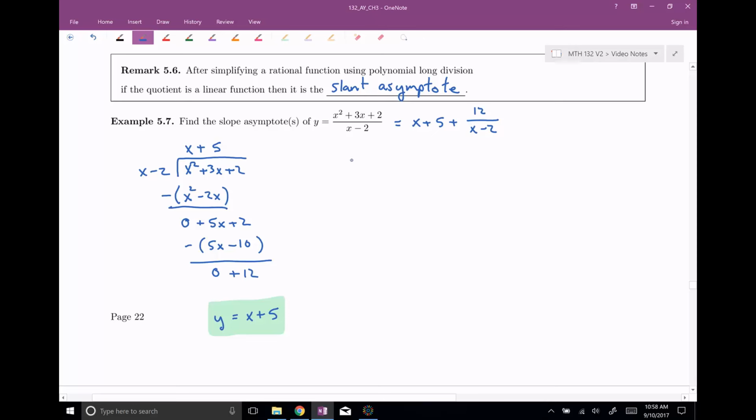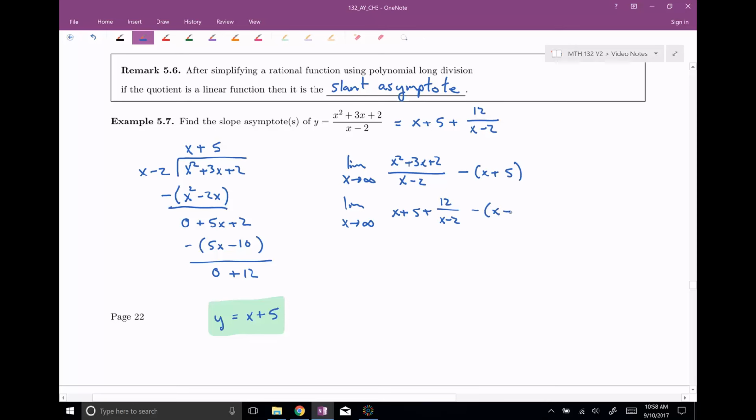And so if you wanted to calculate the limit as x goes to infinity of our function, x squared plus 3x plus 2 over x minus 2, minus the thing that we think is an answer, so in this case, x plus 5.